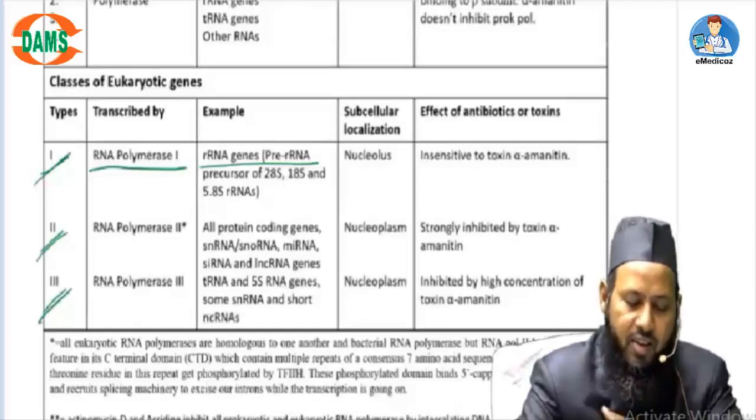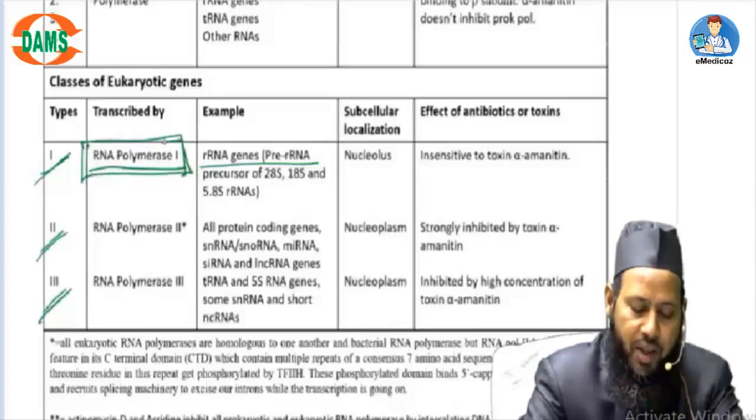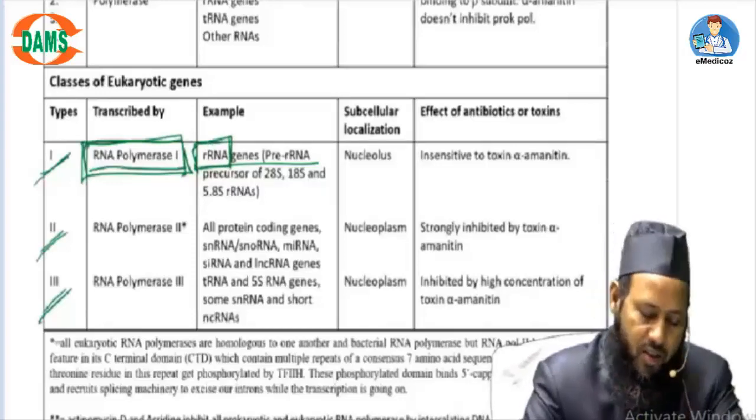We can understand this table in this way: in the eukaryotes there are 3 kinds of RNA polymerases, and these are the features of those RNA polymerases. So the first, RNA polymerase 1, exclusively transcribes ribosomal RNA genes only, no other genes. This is one statement: RNA polymerase 1 transcribes only ribosomal RNA genes.